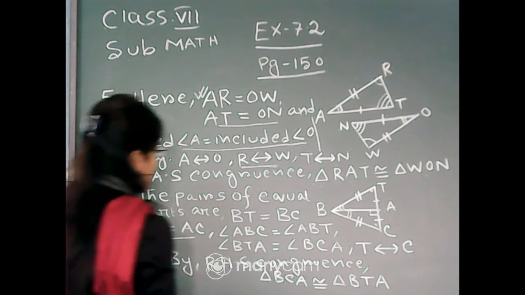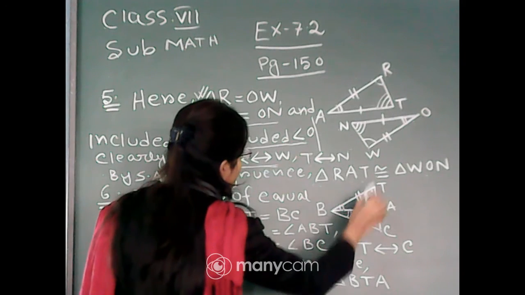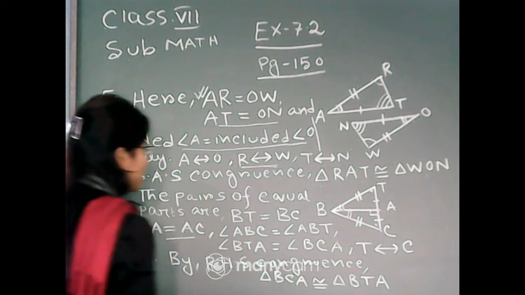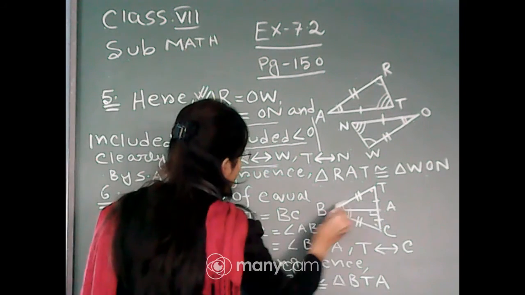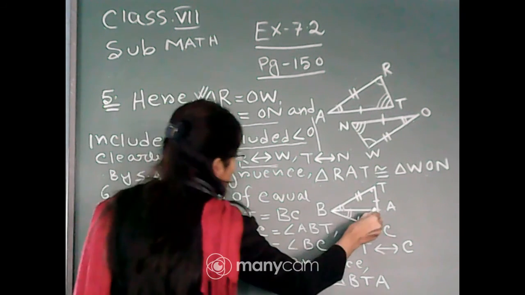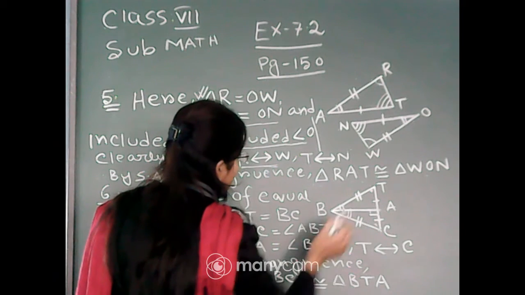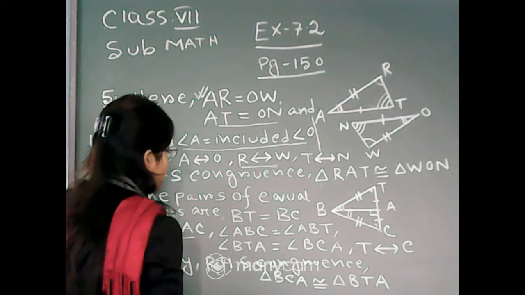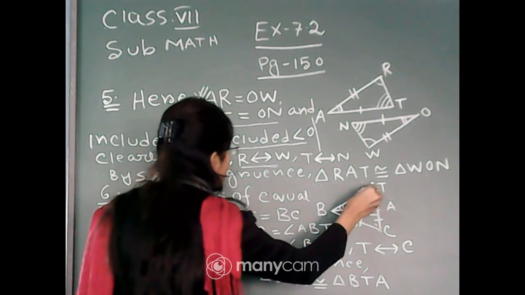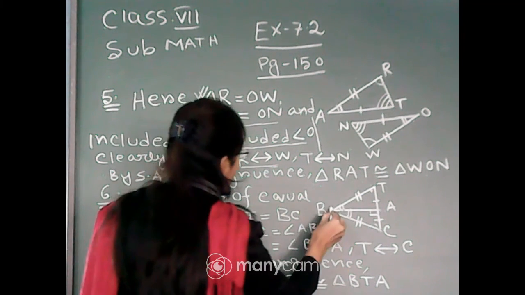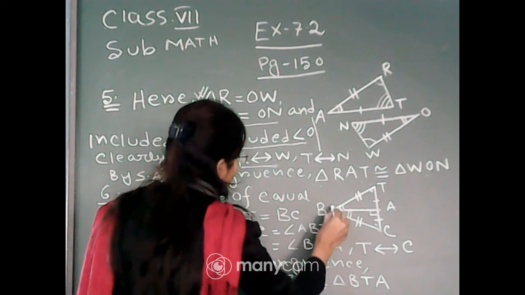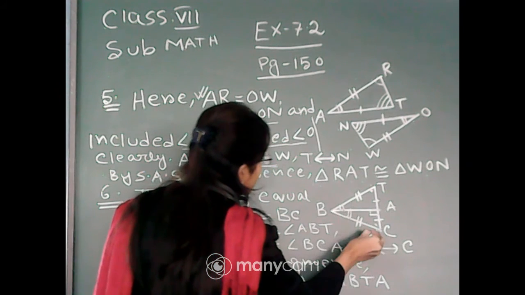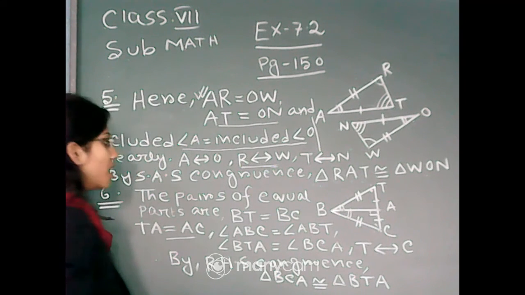Also, angle ABC is equal to angle ABT, and angle BTA is equal to angle BCA, and these are given.